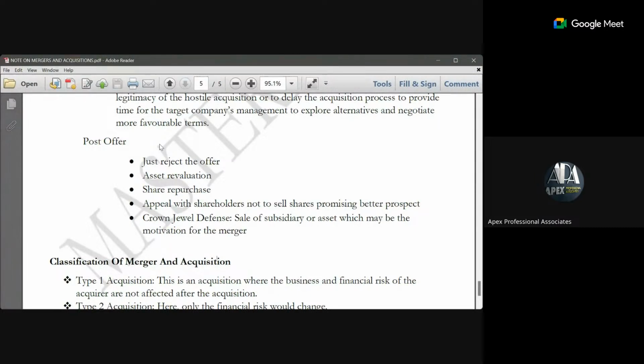So by doing that, they can compel the shareholders not to sell their shares with the promising prospect. We also have the crown jewel defense, that is sale of subsidiary or asset, which may be the motivation for the merger. It could be that there is one asset that they have that every other business does not have access to.